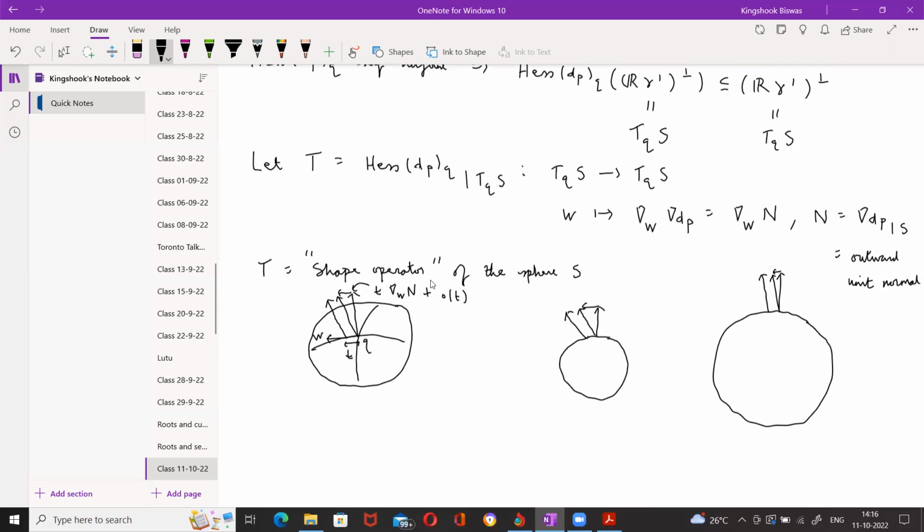So how do you measure the curvature? You want to look at this change in the normal vector and then the component of the change in the direction of W. So I look at the following quadratic form, B of W, W, which is the inner product of nabla W n with W. This is what is called the second fundamental form of the sphere, this quadratic form.